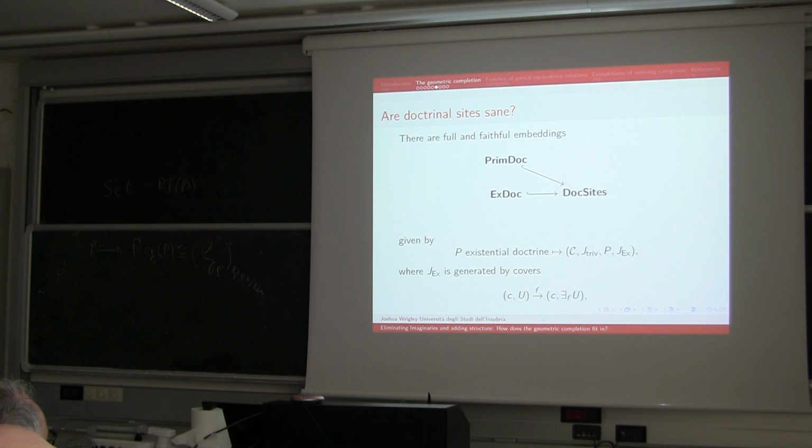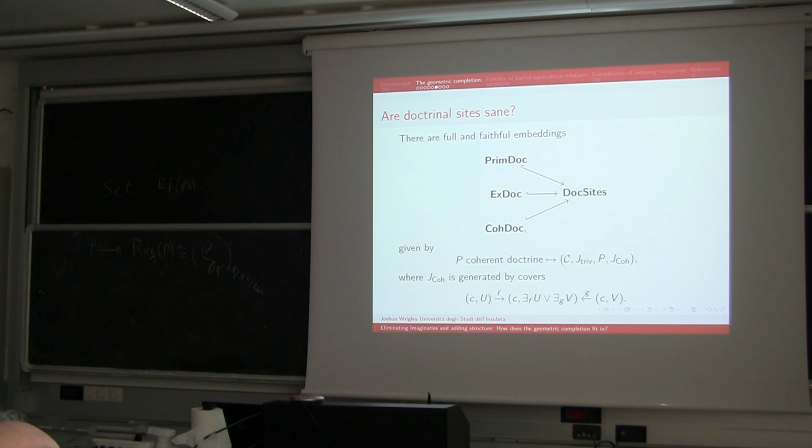We can embed existential doctrines into doctrinal sites as well by taking the topology generated by these covers given by the existential quantification. And we can also embed coherent doctrines into doctrinal sites by doing the same thing, where we're taking the covering data from the existential quantification and also from the finite join between the two propositions.